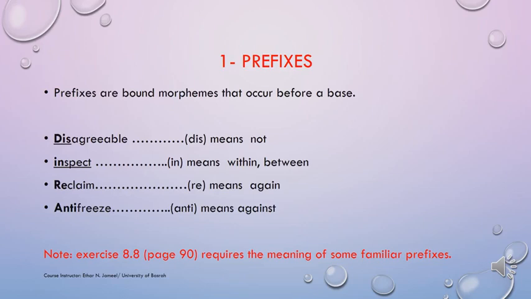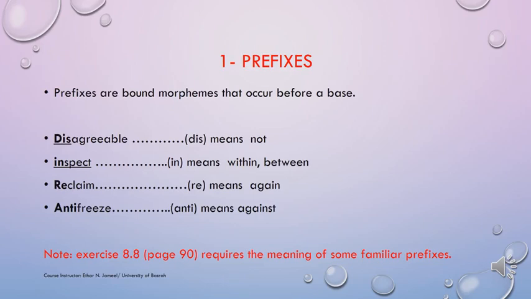From the name prefixes, pre means before, which means that those bound morphemes, which are called prefixes, always occur before the base. Their position in the word is before the base. That is why they are called prefixes. We have a lot of prefixes in English.